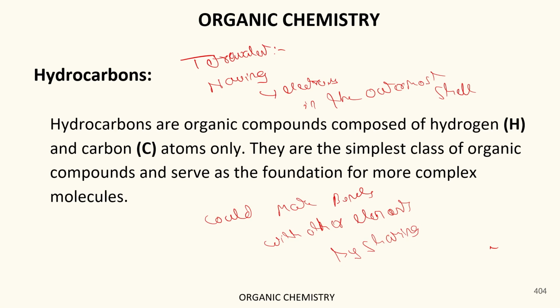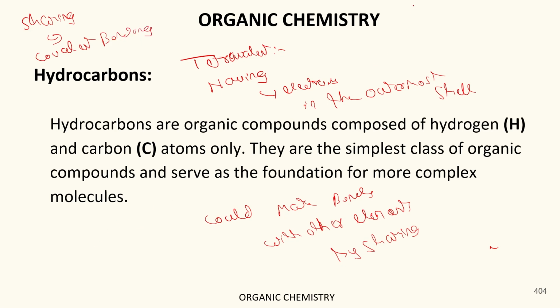Because it has 4 electrons in the outermost shell and requires 4 more, as we discussed, it could not gain and could not lose. So it started sharing with other elements, and sharing comes under covalent bonding. Remember?